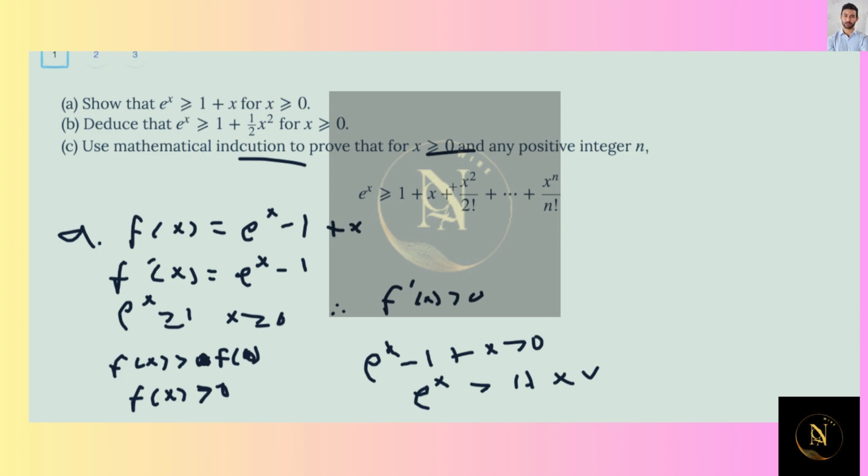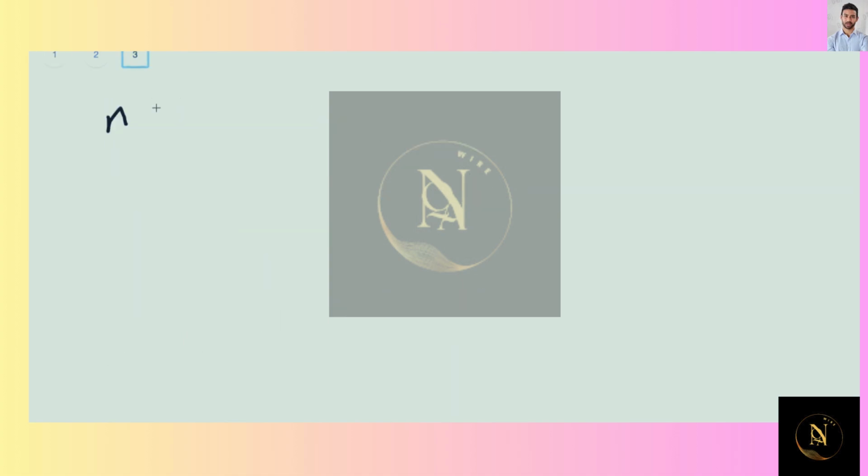So if you think about it, we have just proved it for n equals 1, which was the case right here. And so what induction means is that we're trying to prove it for n plus 1.